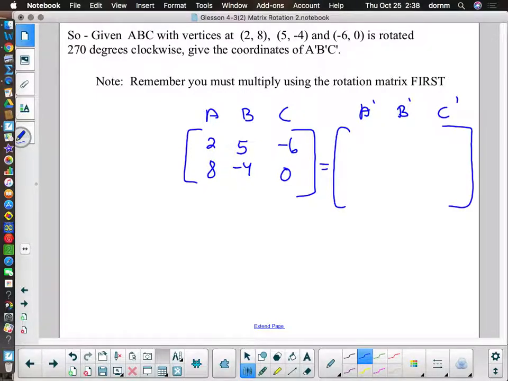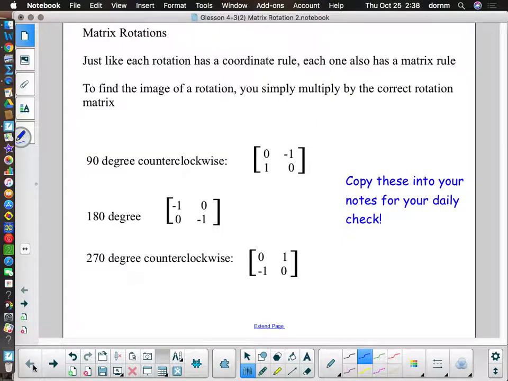And as usual, just like last time, my transformation matrix is going to go first. And that's because of dimension matching for multiplying. So I want to go 270 degrees clockwise. Let's go back and look. Well, now, that presents a little bit of an issue because all of the matrices we're given are for counterclockwise. So we have to figure out which one is 270 clockwise.